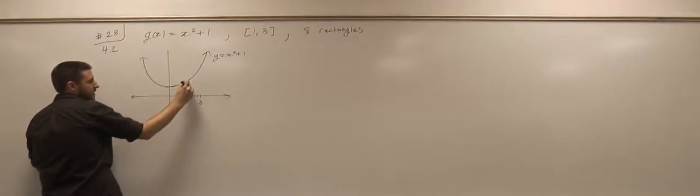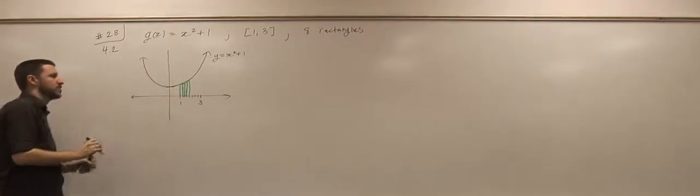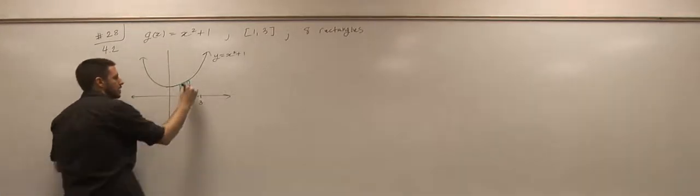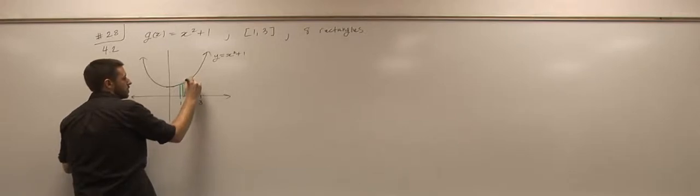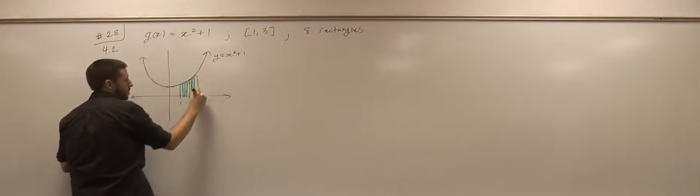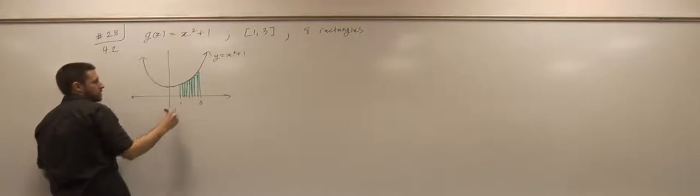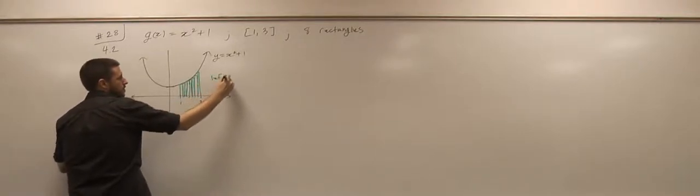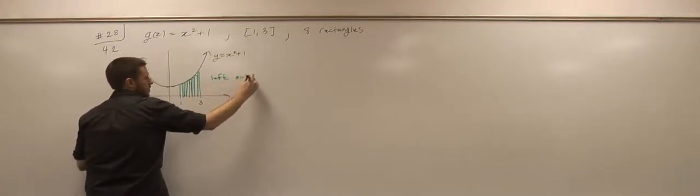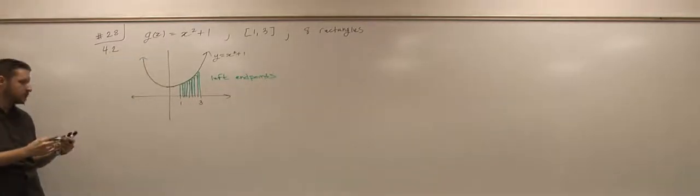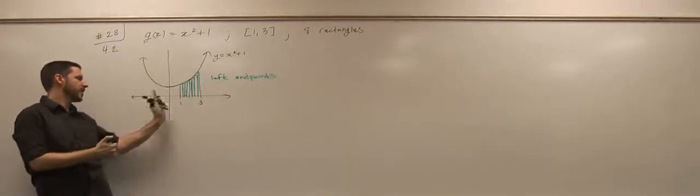In this case, left endpoints is the same thing as lower sums. This is left endpoints. Left endpoints just means you go up to your curve on the left side of your width.